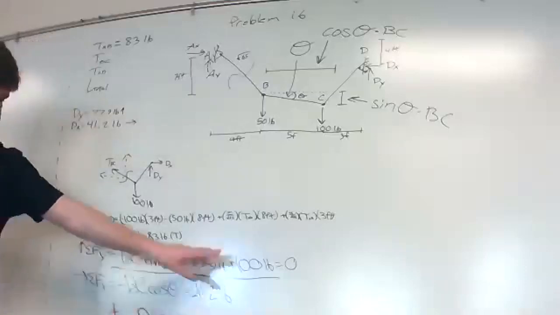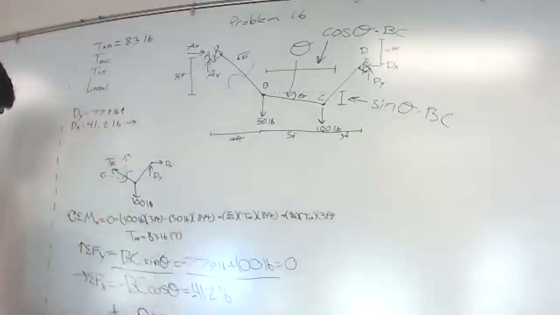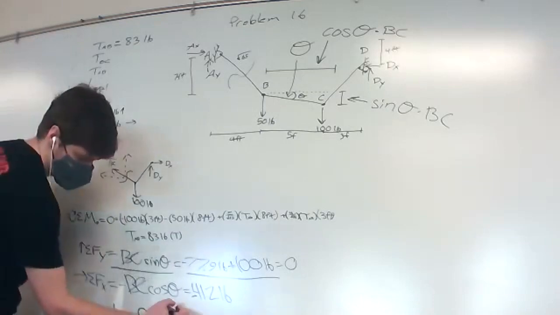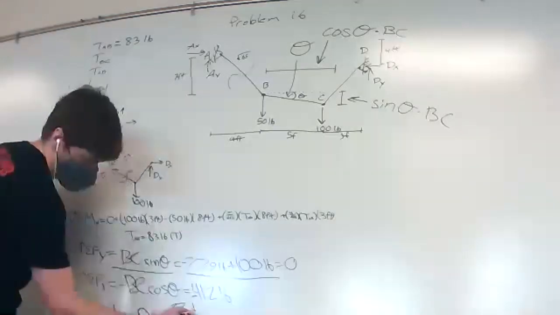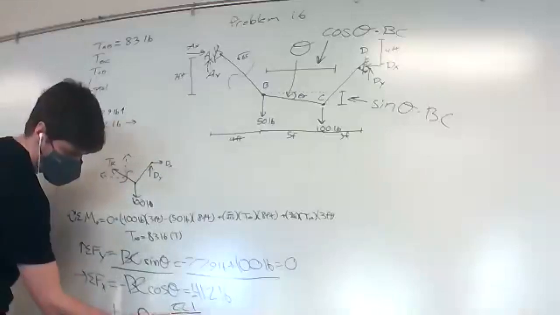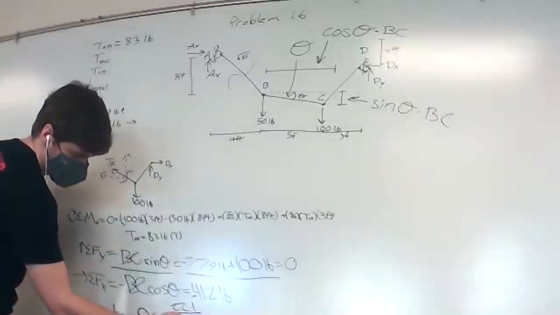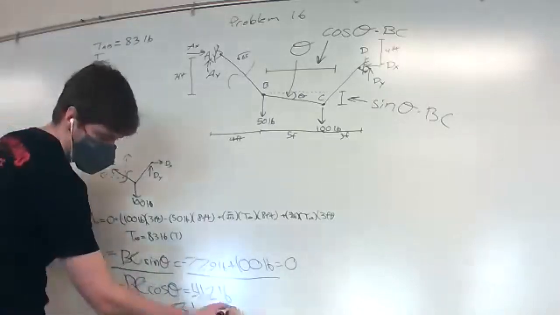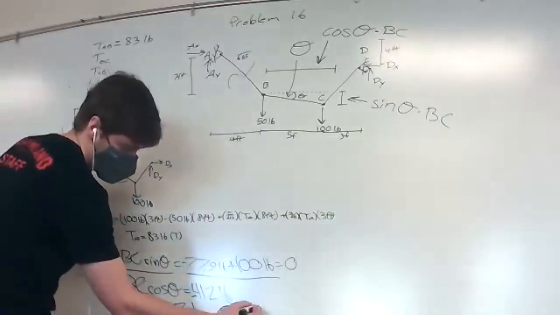could you do this real quick? Yeah. 77. Well, that would be 22.1 on the top for sine. Okay. 41.2, right? Mm-hmm. Inverse tangent. Right. 0.49.